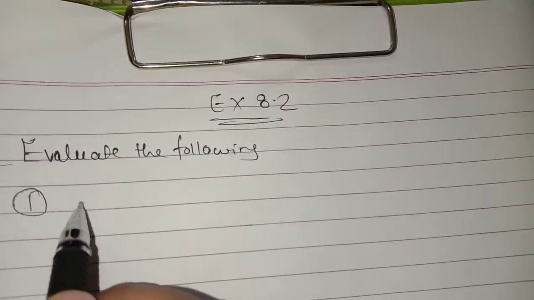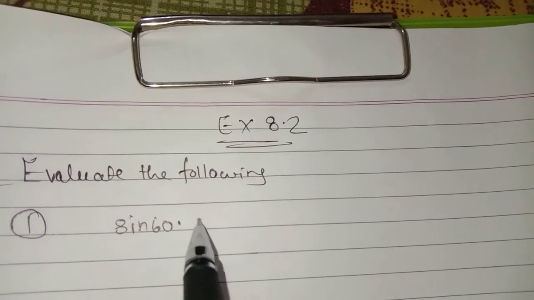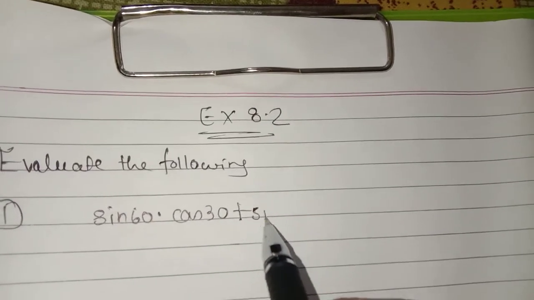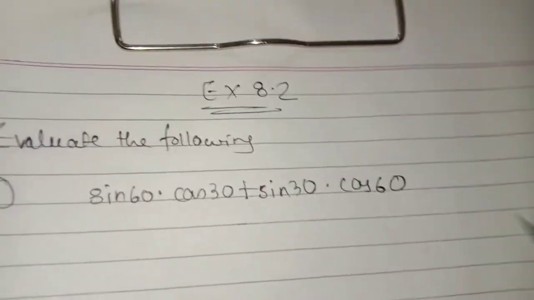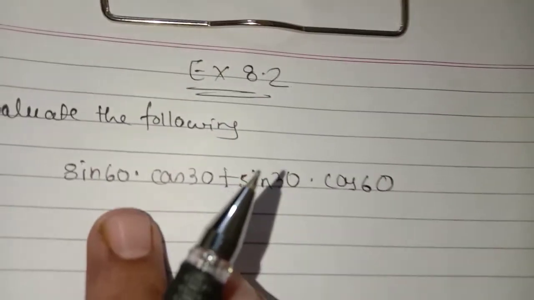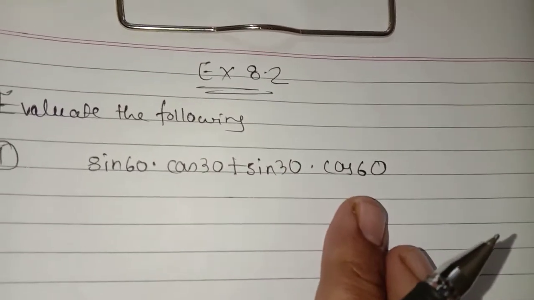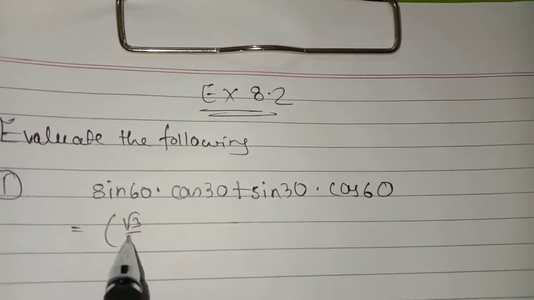So the first one is sin 60 dot cos 30 plus sin 30 and cos 60. So you'll get the numerical in this form: sin 60 cos 30 plus sin 30 cos 60. So let's put the values now. What is sin 60? We know it is root 3 by 2.